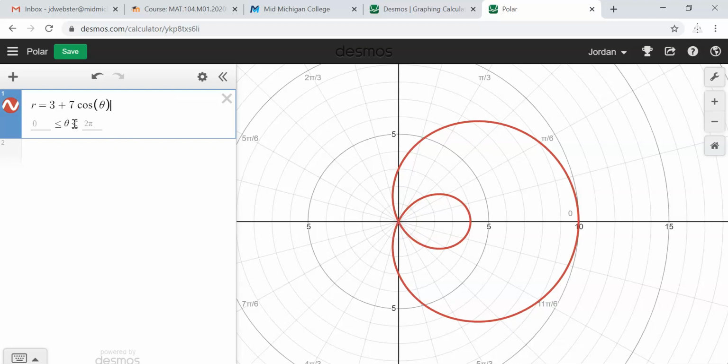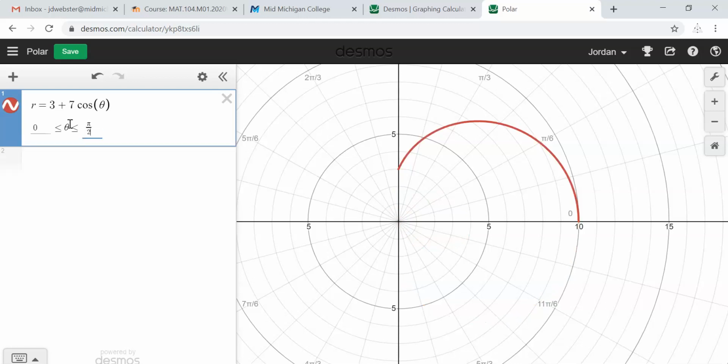By the way, Desmos also allows you to choose what values of theta you're between. So if, for instance, you went from 0 to, instead of 2 pi, pi over 2, you'd only get to there. And if you go from 0 to pi, you go all the way around to here, and then obviously you finish if you went to 2 pi.